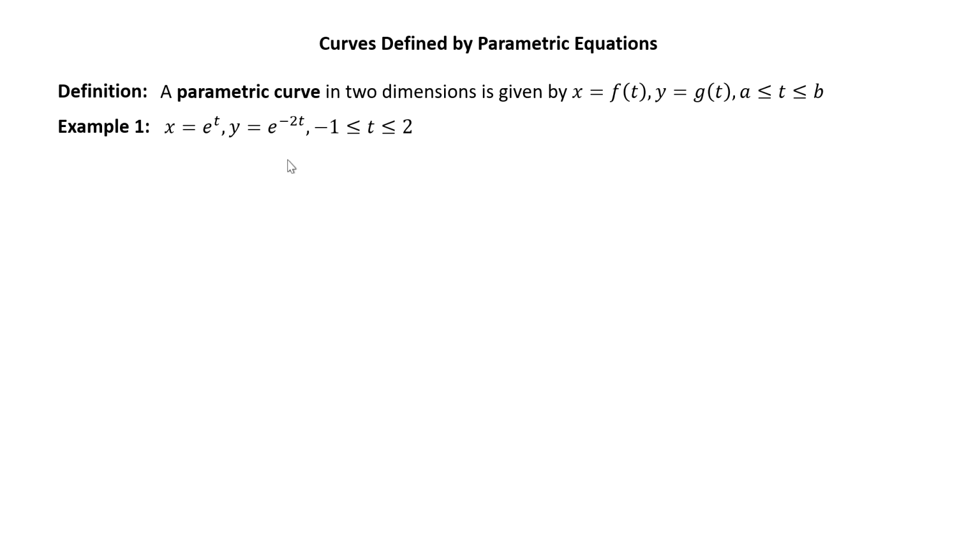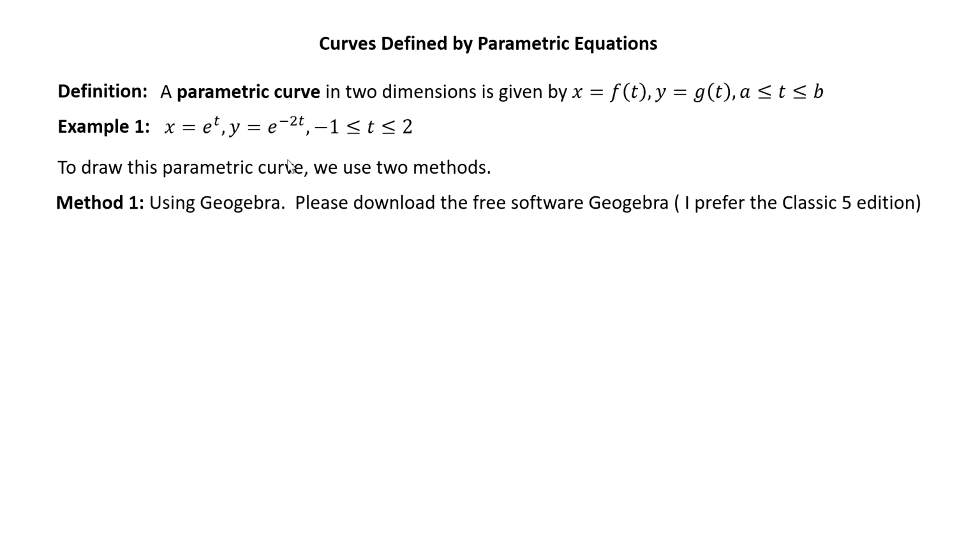But now that we have software available, I'm going to use software. All right, method one is using what's called GeoGebra. You can download a free version of GeoGebra, and I like the Classic 5 edition. So download that one, and you'd be able to go through a sequence of steps and draw this curve effortlessly.